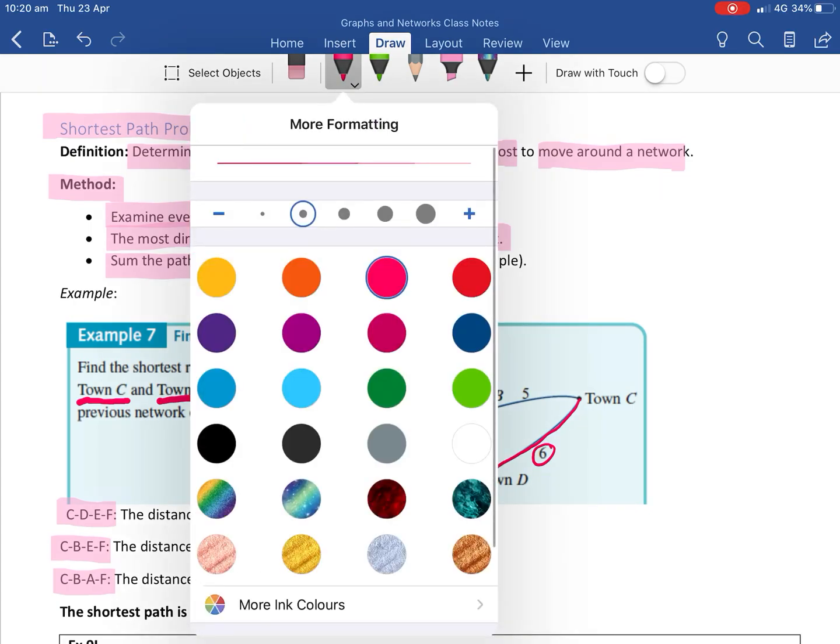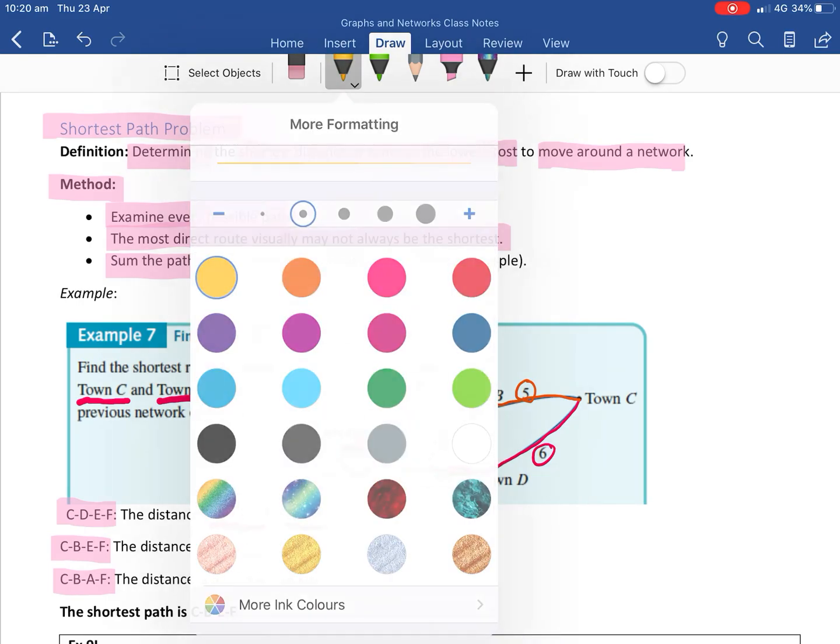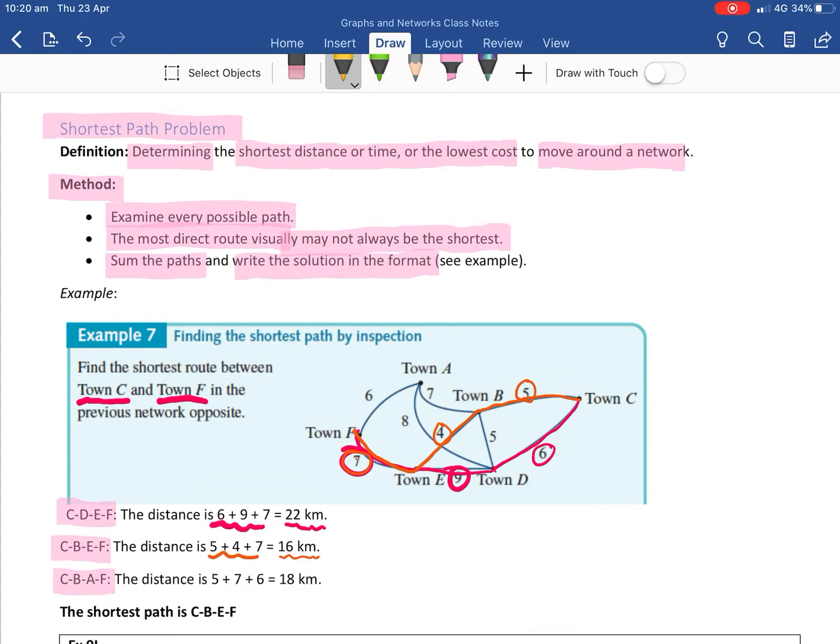So that's one route we could take. We could also take the route C, B, E, F. So we need to add 5 plus 4 plus 7, which would be 16. And we've also got the route if we go from C to B to A to F, where we've got 5, 7, and 6, which would give us 18.